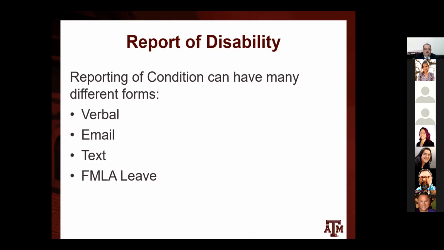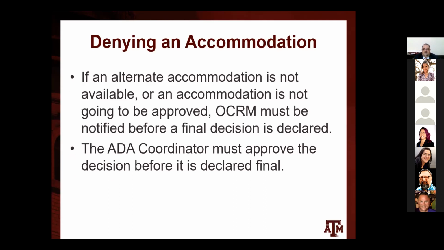We'll move on. Denying accommodation. If an alternate accommodation is not available, and that's kind of where we work through the interactive process, where the department looked at it and goes, no, we really can't accommodate this, or it's too cost prohibitive.